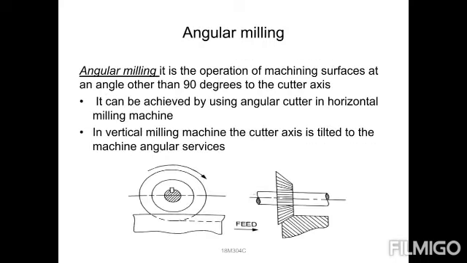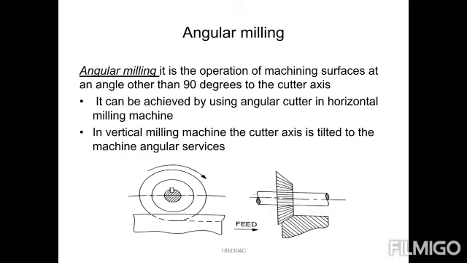Next one is angular milling. It is the operation of machining surfaces at an angle other than 90 degrees to the cutter axis.